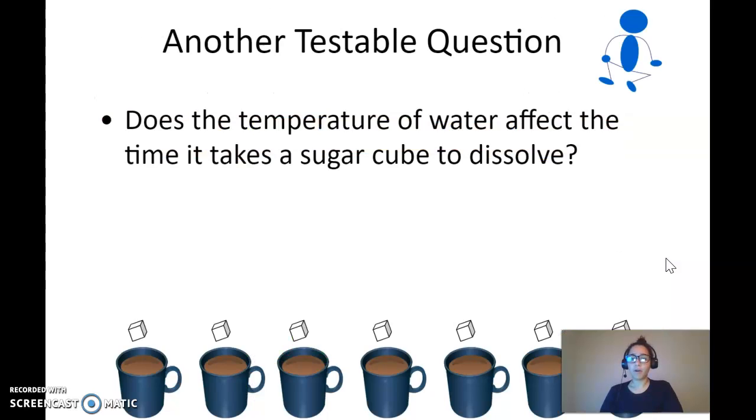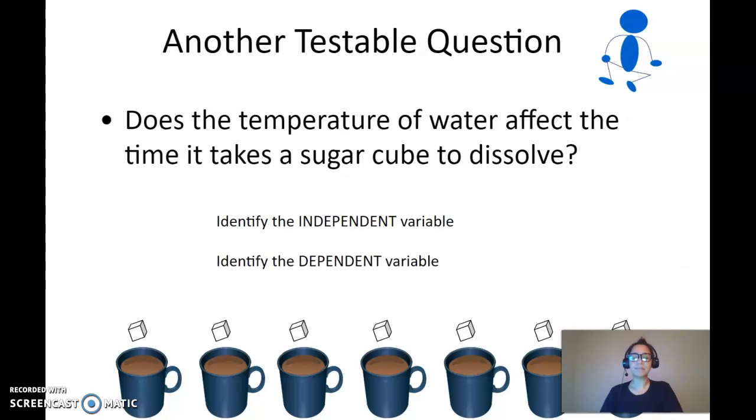Does the temperature of water affect the time that it takes a sugar cube to dissolve? So let's try to identify the independent and dependent variable here. The independent variable is going to be the temperature of the water, because that's the thing that I am changing. And then the dependent variable is the time that it takes the sugar to dissolve, because that's what we are measuring.